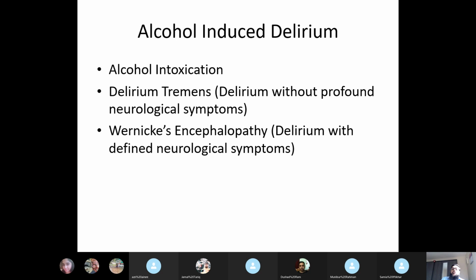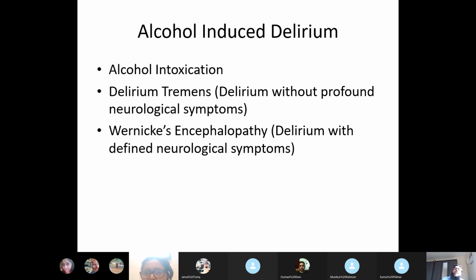Now treating it there becomes very important, because if you don't treat it, in delirium tremens there are not that many neurological symptoms. There are not many neurological symptoms, but once you treat the delirium tremens, it's very important. Otherwise, it may progress to Wernicke's encephalopathy, which is delirium with defined specific neurological symptoms.